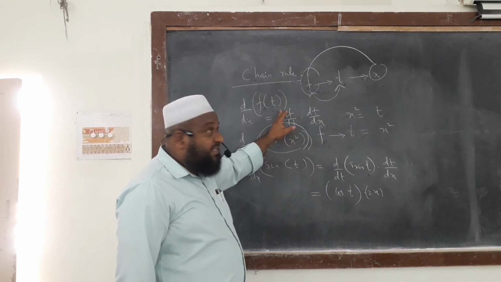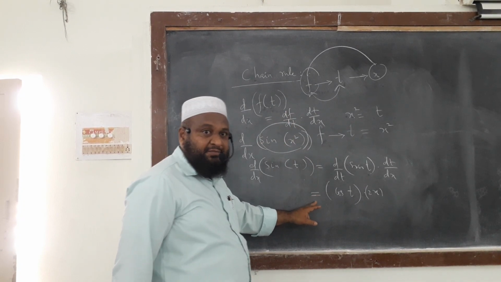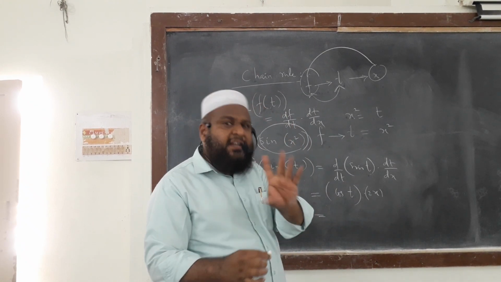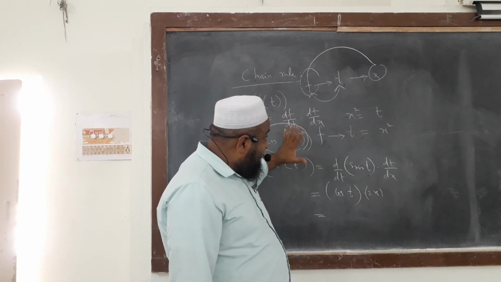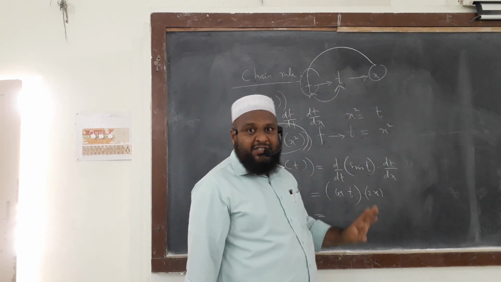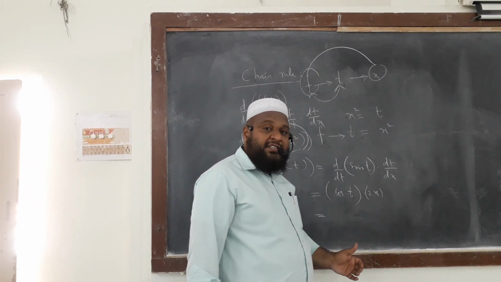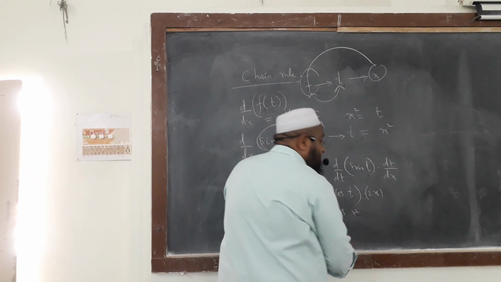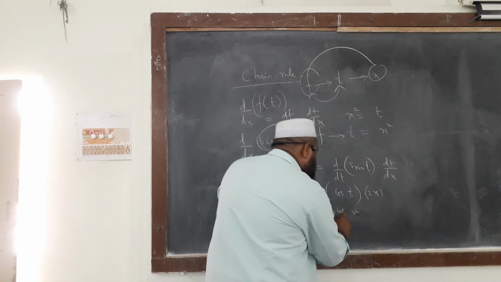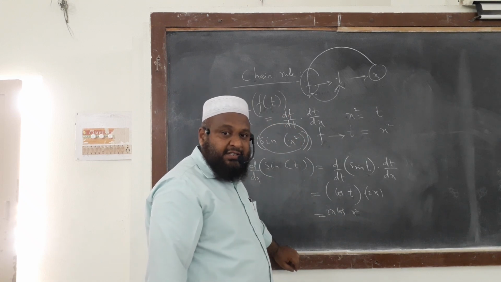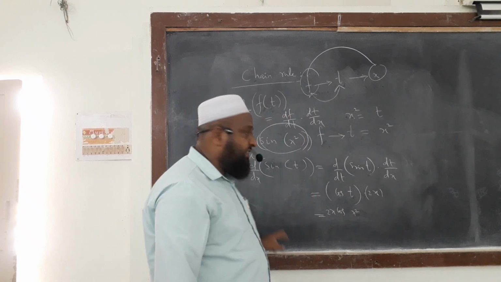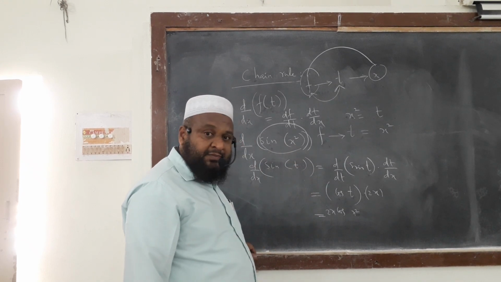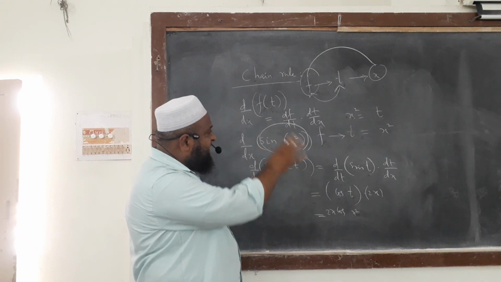Now this detail I have given, but we can do that problem in a very simple way in one line. As a first example, I am saying how the chain rule is working. So what is cos t? t is nothing but x square. So this will become cos of x square. That 2x you write in the beginning. So it is 2x into cos x square. So 2x into cos x square is the derivative of sine of x square. Copy this as it is.